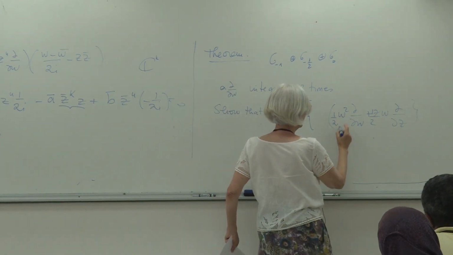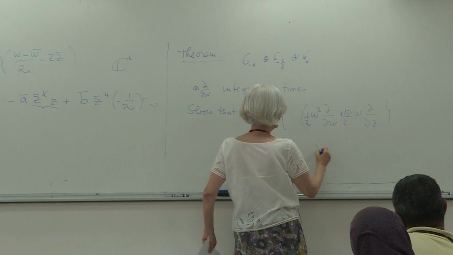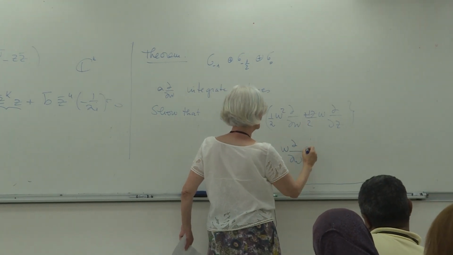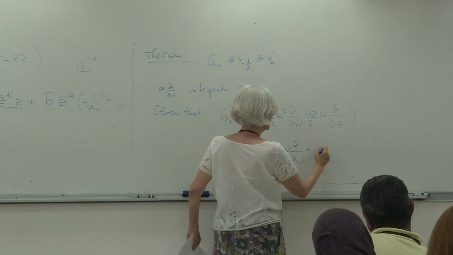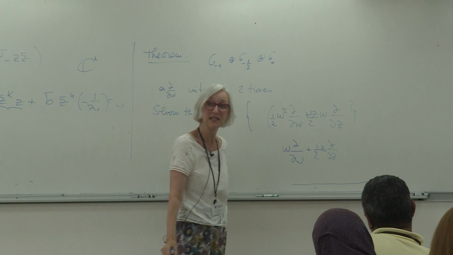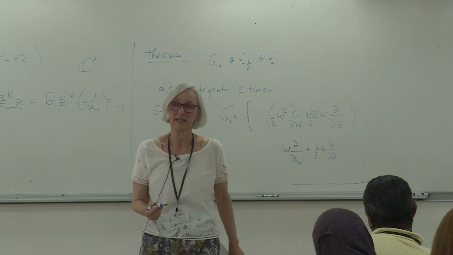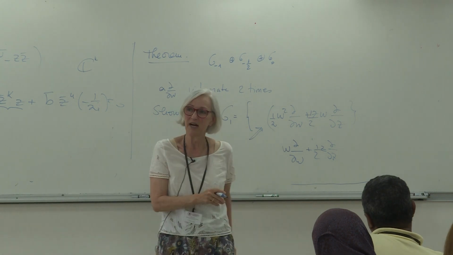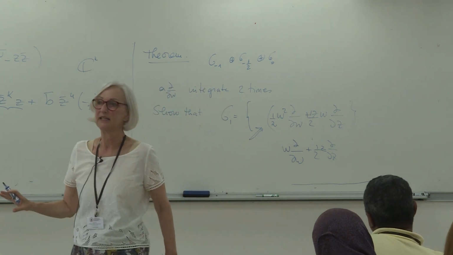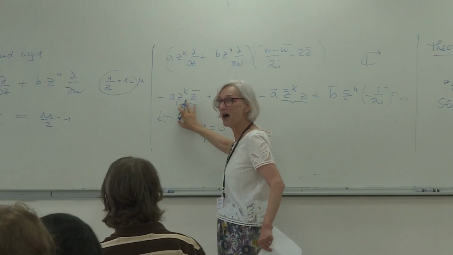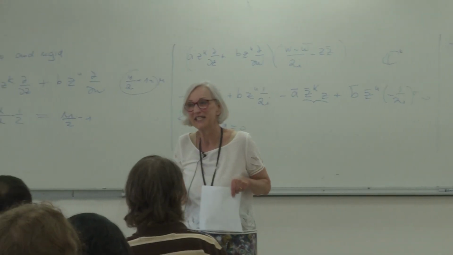Because if I differentiate once, I will have w d/dw plus 1 over 2 z d/dz, which is the Euler field, you see? It's very easy. But if you try to integrate this one, there is nothing. Because you get this kind of power, they cannot compensate anymore.